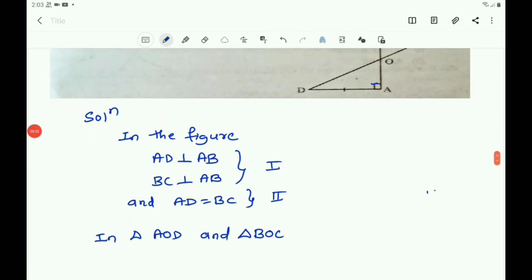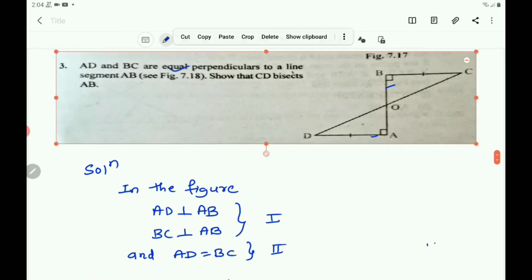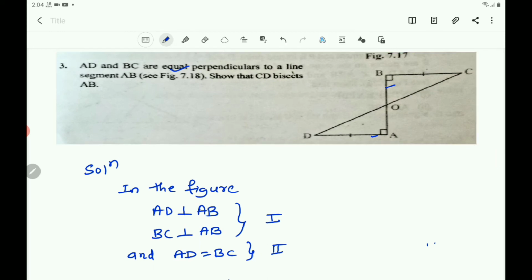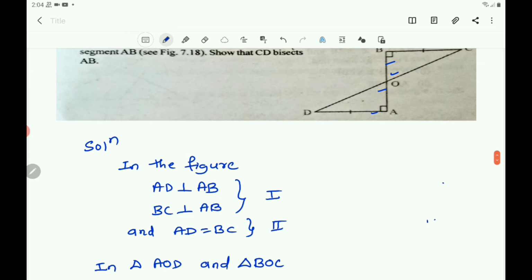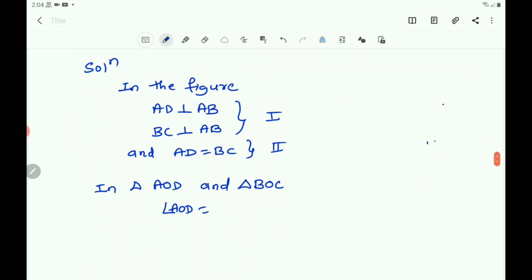At the vertex O, O is the point of intersection of the lines AB and DC. The vertically opposite angles, angle AOD and angle BOC, are equal. So you write angle AOD equals angle BOC.